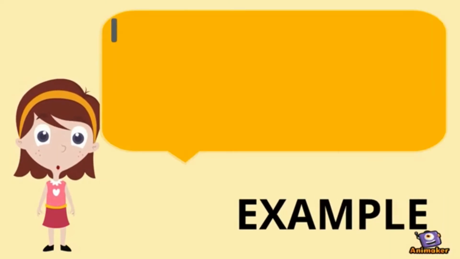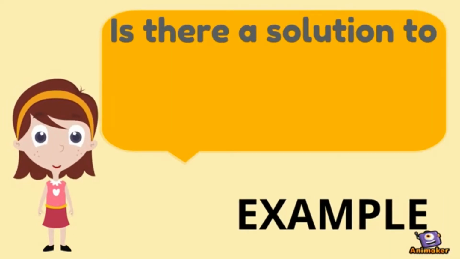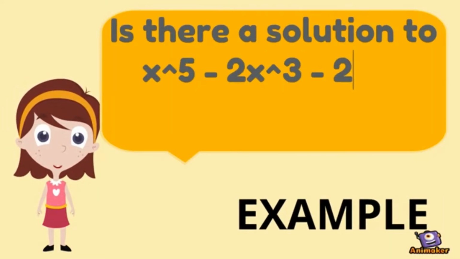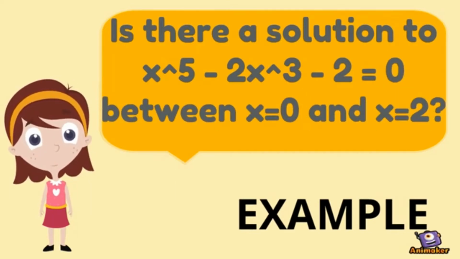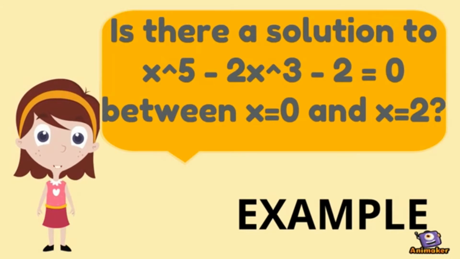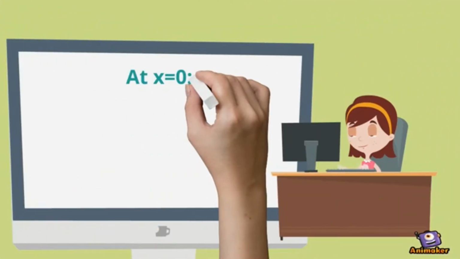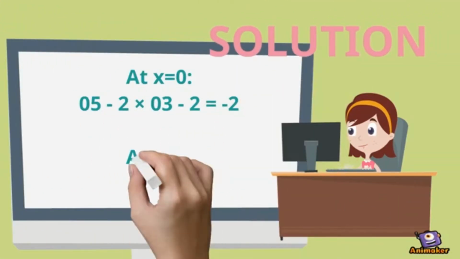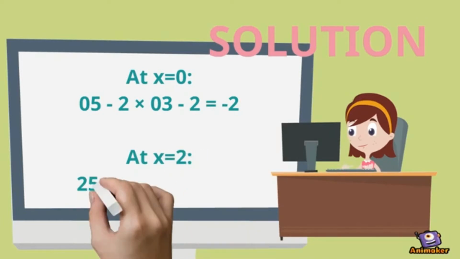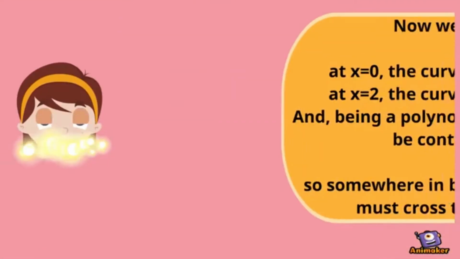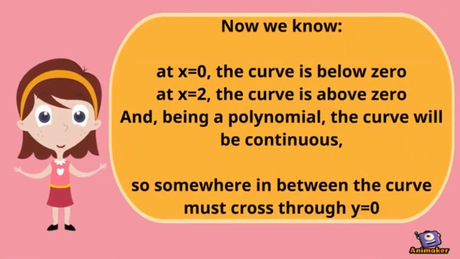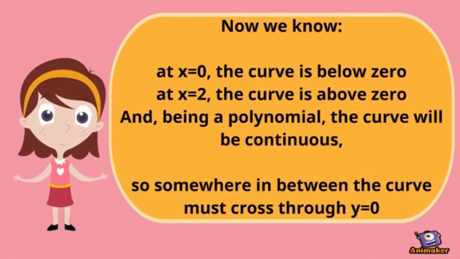For example, is there a solution to x raised to 5 minus 2x cubed minus 2 is equal to 0 between x is equal to 0 and x is equal to 2? Now we know at x is equal to 0, the curve is below 0.